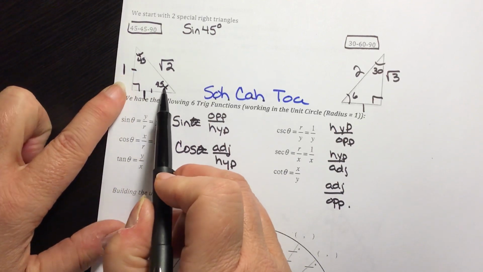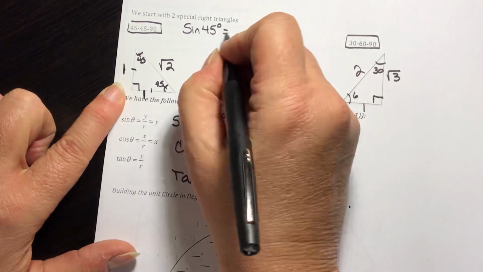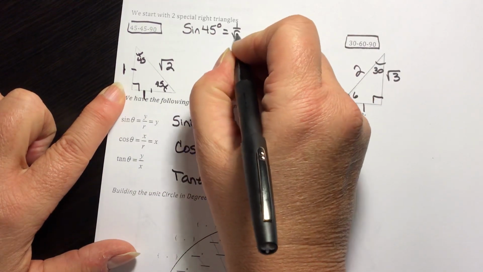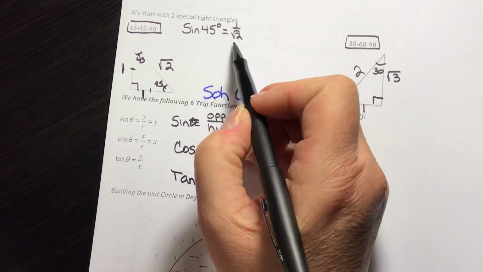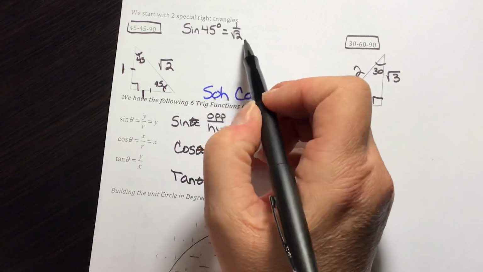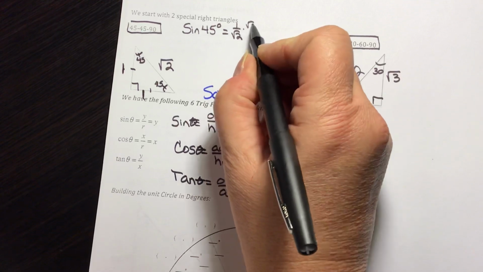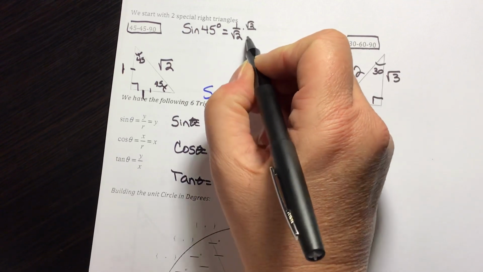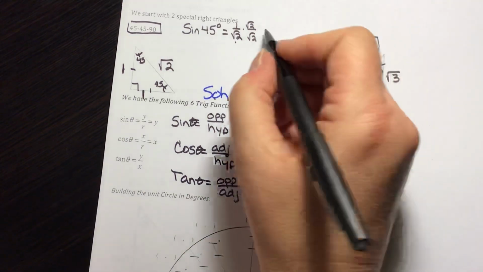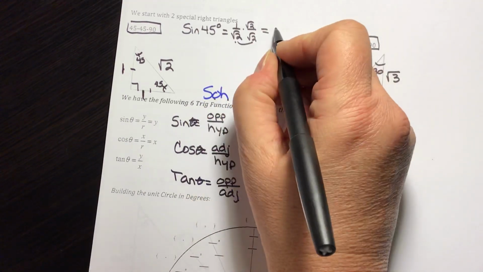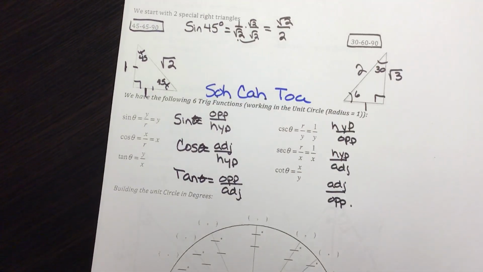So the side opposite of that 45-degree angle is 1, and the hypotenuse is square root of 2. So I have 1 over square root of 2. It's not good math manners to leave the square root of 2 in the denominator, so we're going to rationalize the denominator by multiplying by the square root of 2 over square root of 2. This gives me 2 on bottom, square root of 2 over 2.